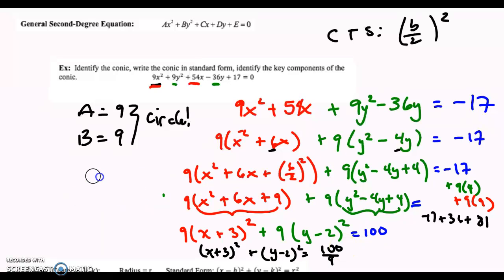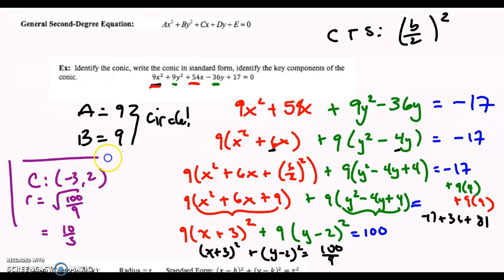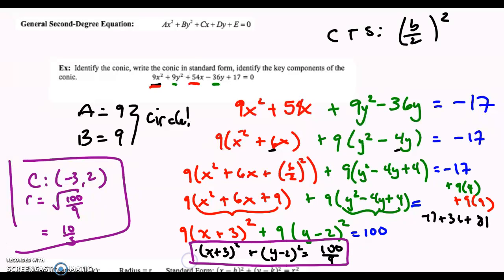This tells me that my center is going to be negative 3, 2. My radius is going to be the square root of 100 over 9, which is going to be 10 over 3. And those are my two answers.